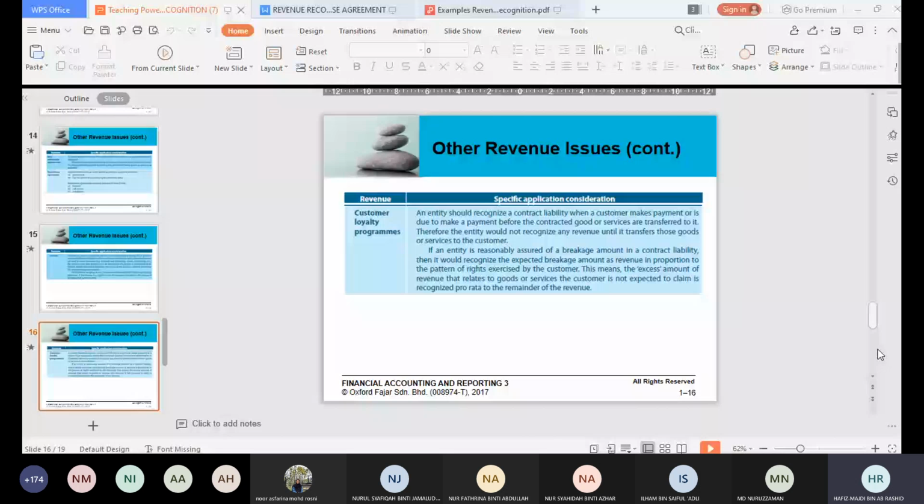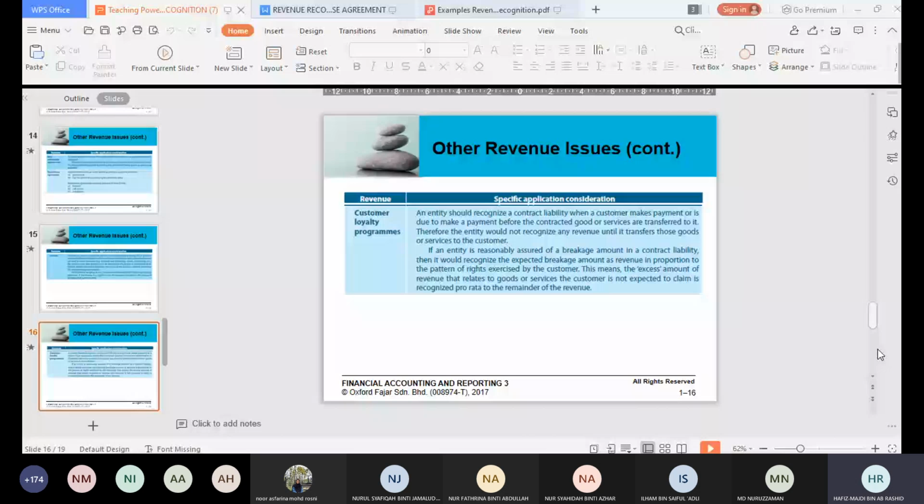For example, as a customer loyalty program, for example points.